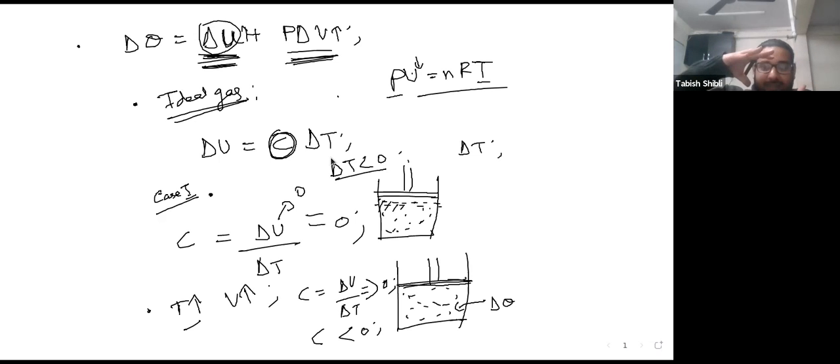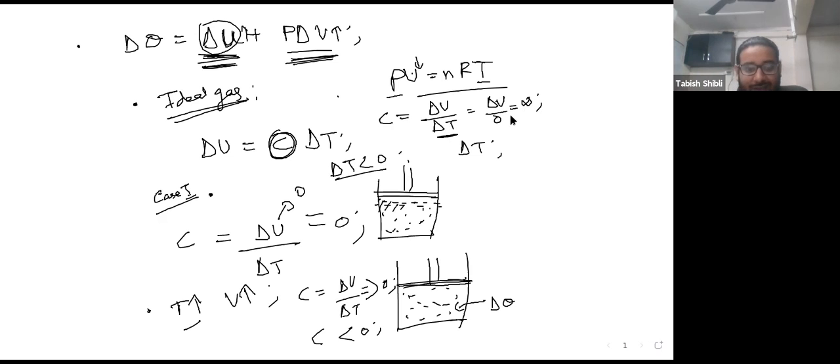It can expand in a way that my temperature does not change. In that case, your C is delta U by delta T, and if my temperature does not change, this is delta U by zero, which is infinity. So you realize that the value of the specific heat can actually go from any negative number to any positive number up to infinity.